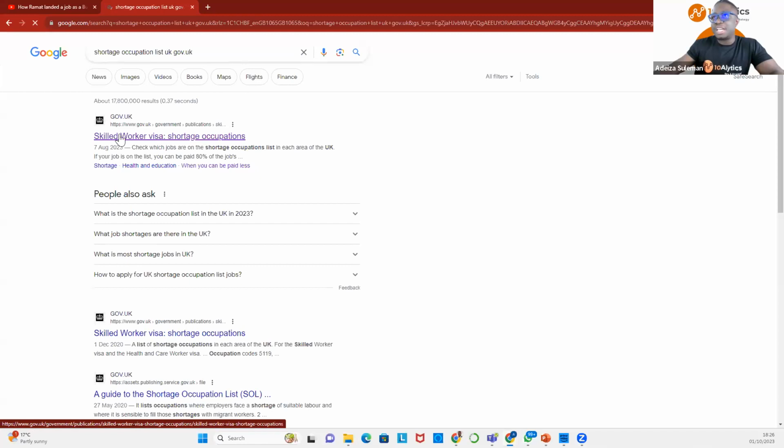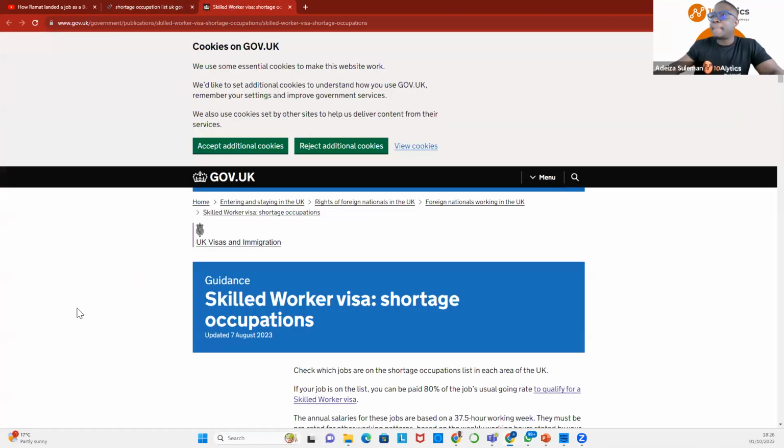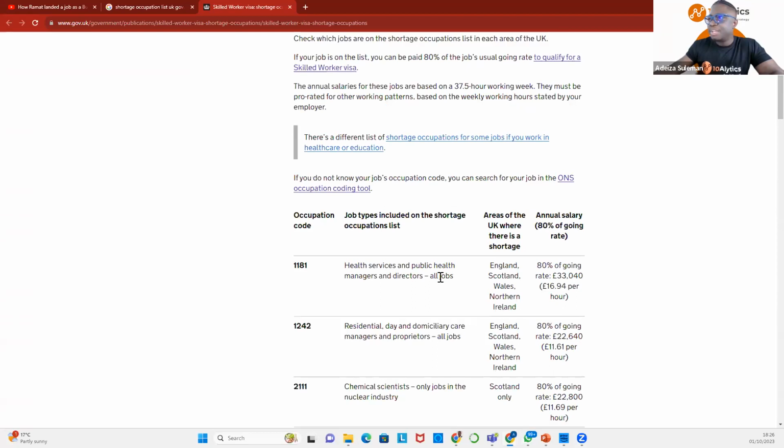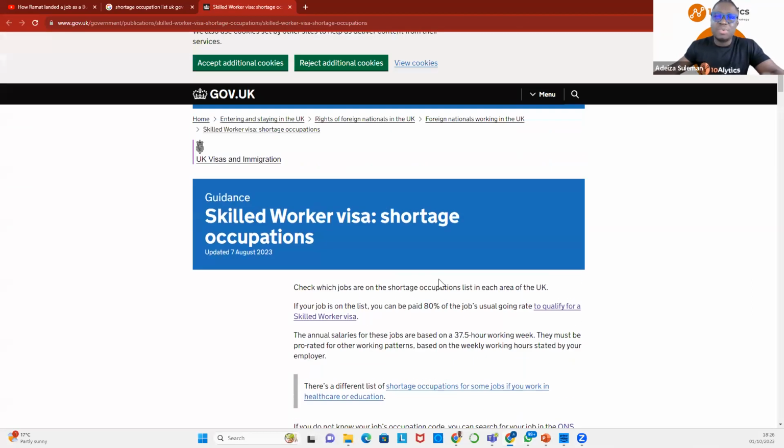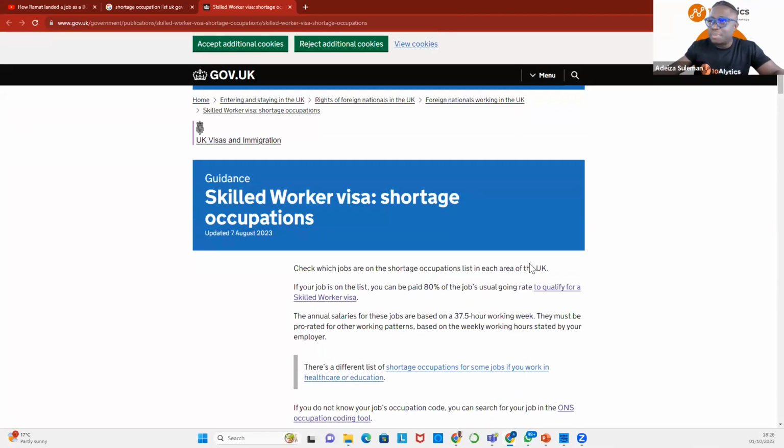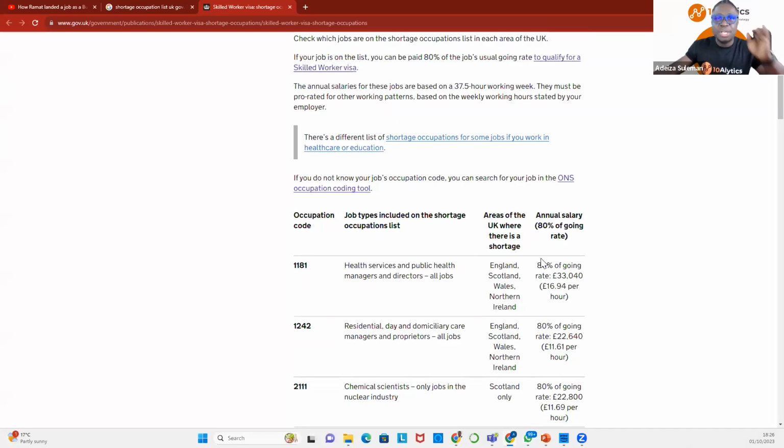So skilled worker visa, shortage occupations. Let's open this and see. It was last updated on the 7th of August, 2023. So I'm just going to scroll down. So what is the shortage occupation? The shortage occupation list shows you the jobs that are in high demand. And if you have an offer from any of these jobs, it gives you automatic 20 points.